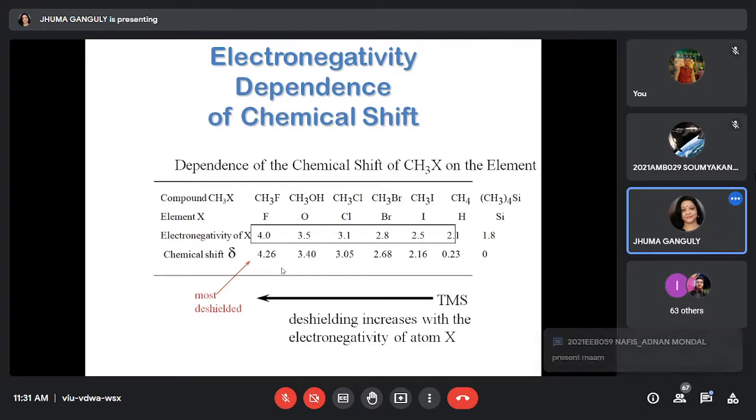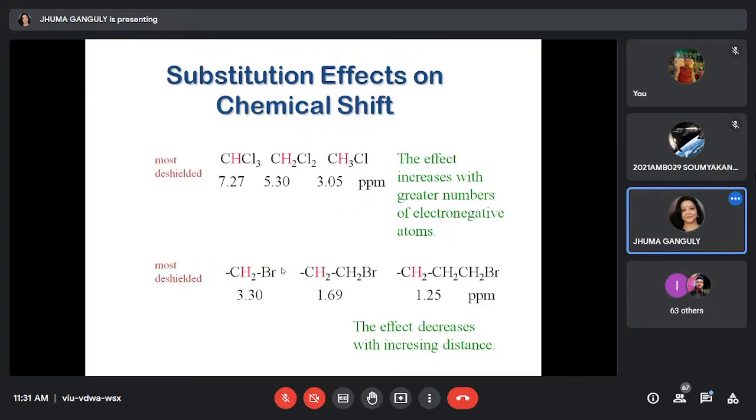Now, another one. Suppose we take CH3Cl, CH2Cl2 and CHCl3: monochloro, dichloro, trichloro. Depending on the proton, we have to see what the chemical shift is.